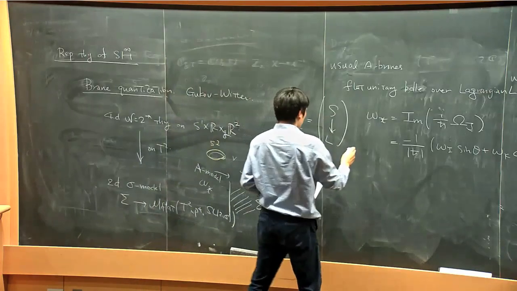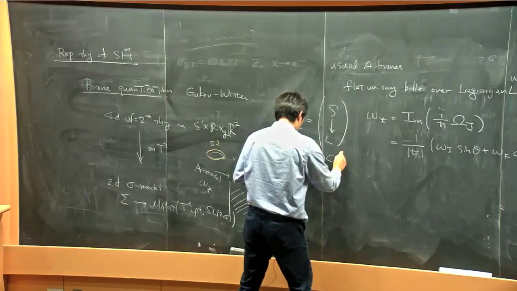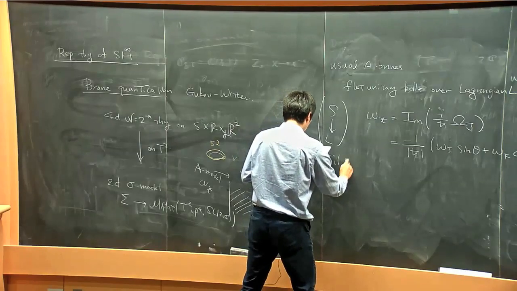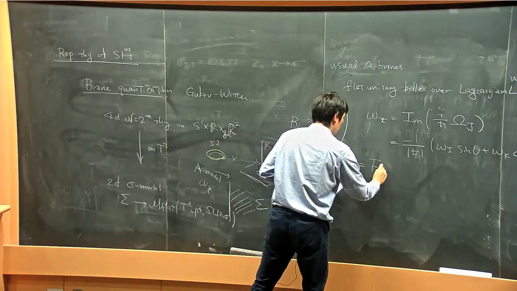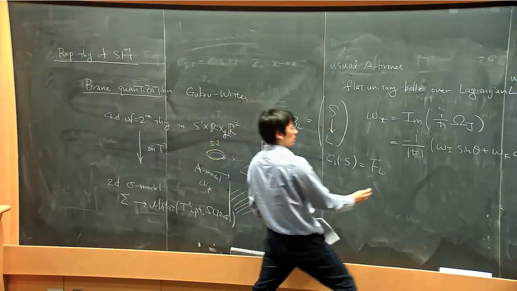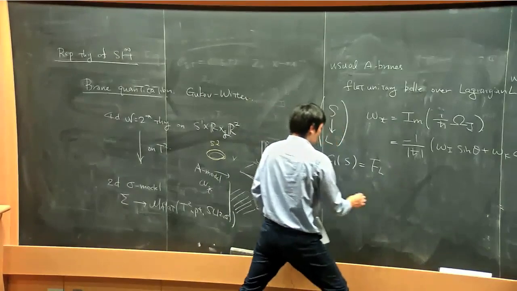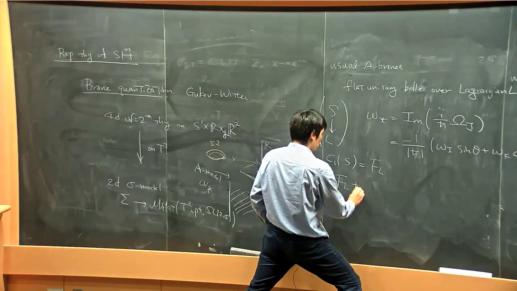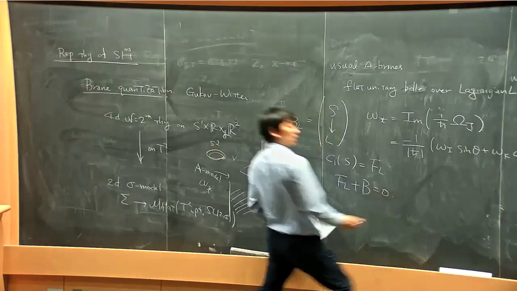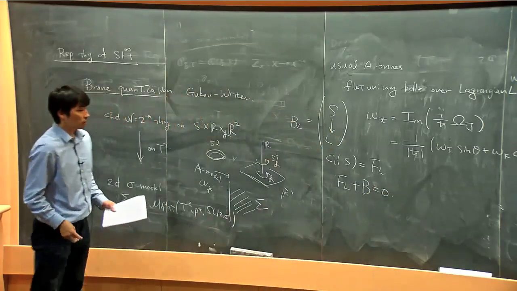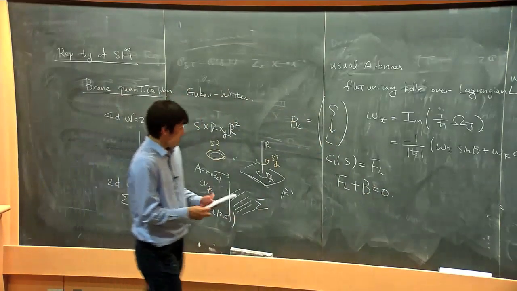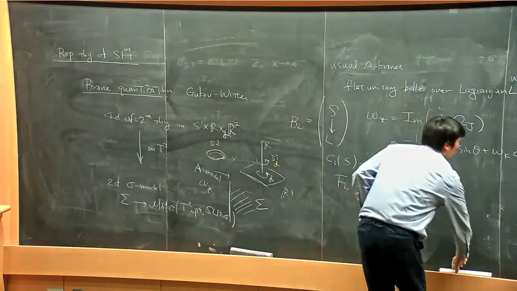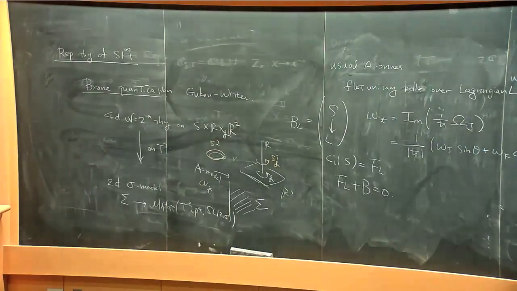And usually you have this bundle's curvature, and flat means F_L is equal to 0. But you can also introduce in the sigma model a B field. So I call it F_L plus B equal to 0. So this is a usual A-brane. However, I don't want to use this part.